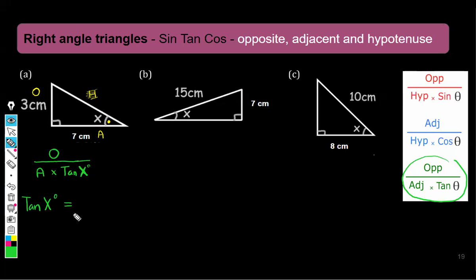Put an equal sign. If we scratch off the tan x, we will be left with opposite divided by adjacent. Take down up to there.